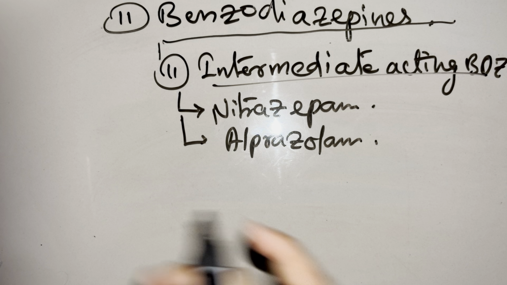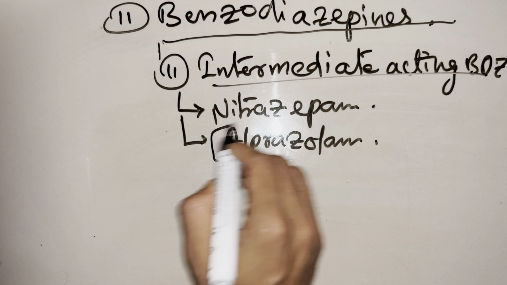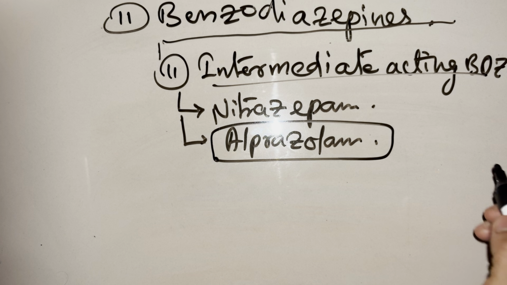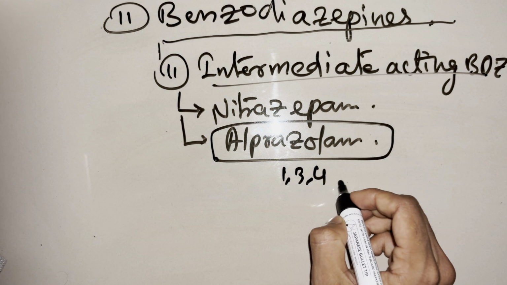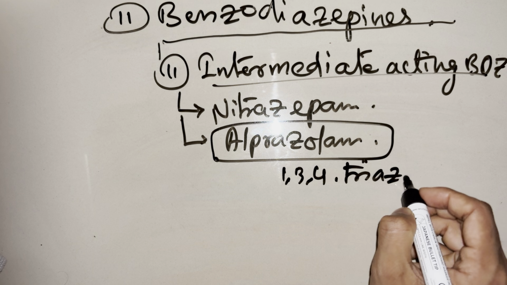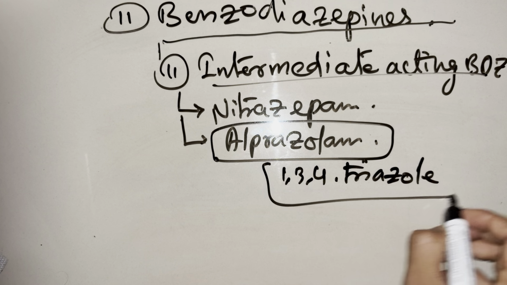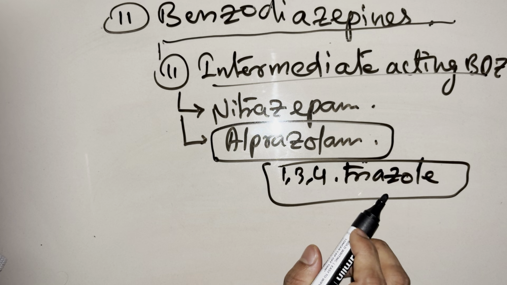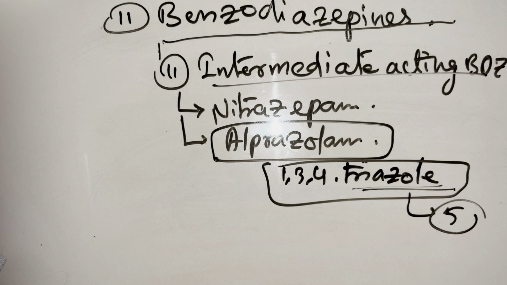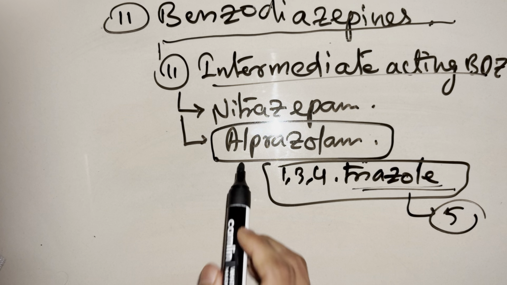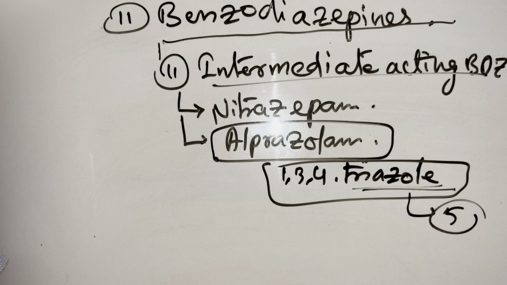Alprazolam is a little bit important. You have to remember that in the case of alprazolam, along with the benzodiazepine, an extra ring is present, that is 1,3,4 triazole. This triazole is a 5-membered ring. This drug is also called a sleeping tablet, as it causes long duration and deep sleep.